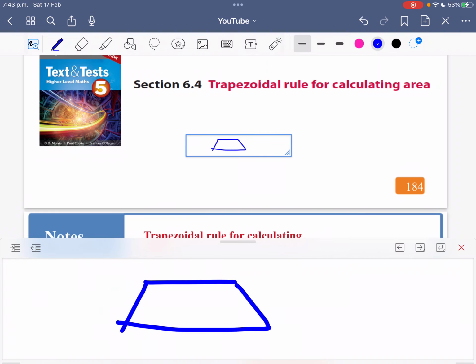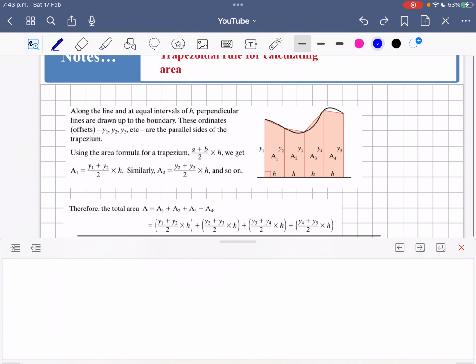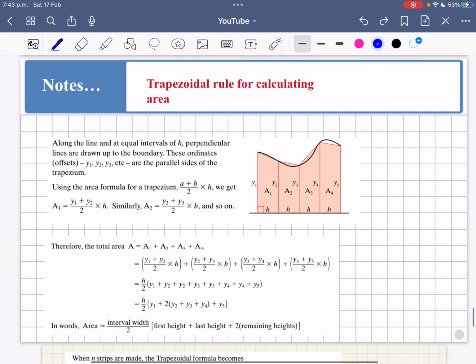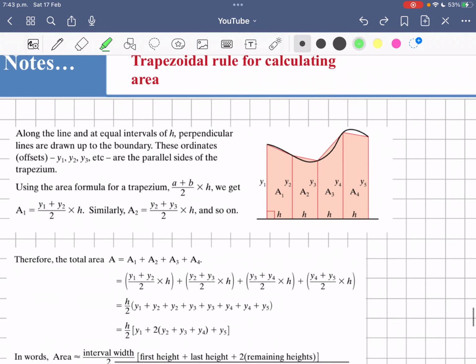That is a bad drawing of a trapezium. So this is your trapezoidal rule, and it's based on your trapezium. This is the area formula of a trapezium. So this is used for calculating the area under a curve.